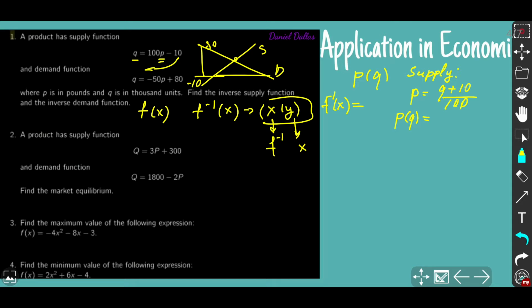So it becomes 0.01 of q plus 0.1, because 10 over 100 becomes simply 0.1, all right, or 1/10. So for demand, we do the same, and for the demand function, we do similar steps to what we've done here.